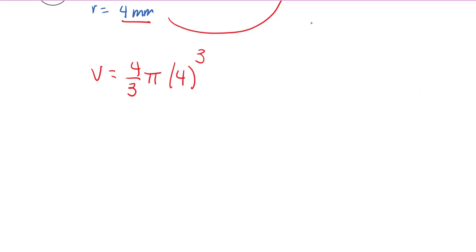The base stays the same. This is the base, and that's the exponent. So this is equal to 4 cubed, 4 times 4 times 4. That's equal to 64, because 4 times 4 is 16, times 4 is 64.